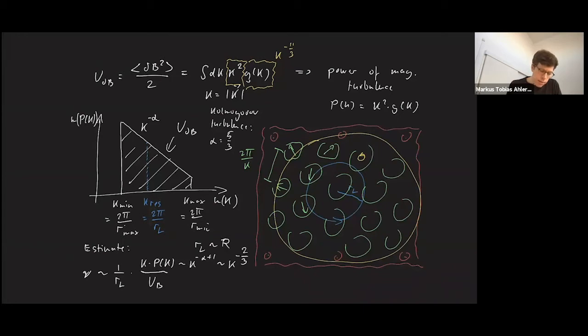So if I take into account the first factor, 1 over R_L, and the Larmor radius dependence of this factor here, I end up with a rigidity dependence that goes like R to the power minus 1/3. So this is minus 2/3 coming from this factor, and plus 1 coming from the prefactor of this expression.